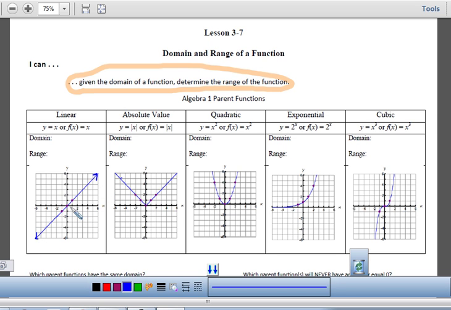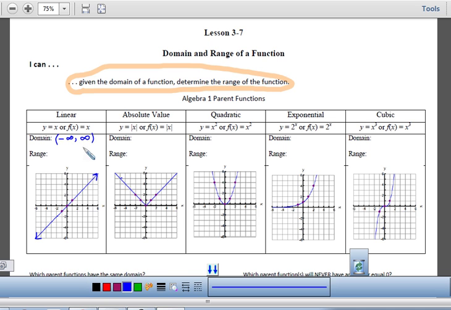If you think about all the x values that keep going and going, where would they end? Well, they wouldn't. So that's going to be negative infinity up to positive infinity. And since technically they never could land on infinity, we're going to use the parentheses.